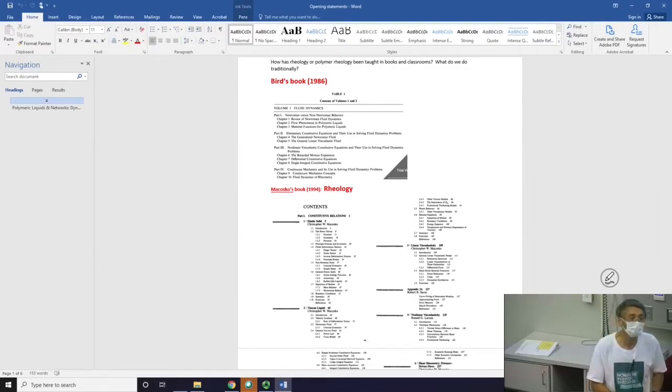The best result would have been that you have taken polymer rheology from somebody else already, and then come to mine, and you will have the contrast.